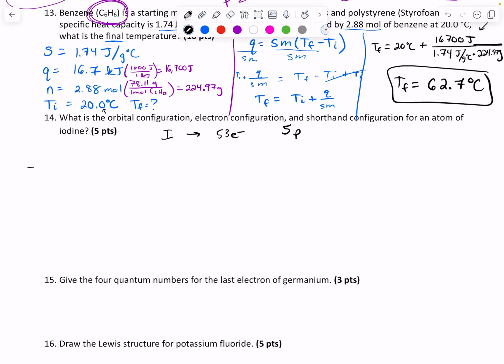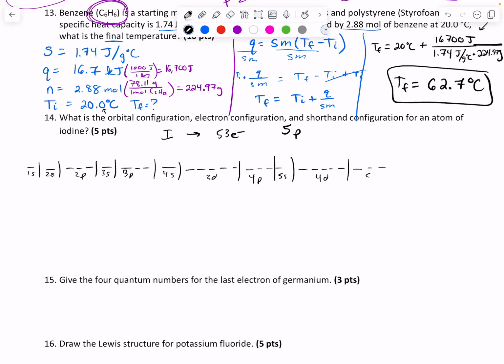So I'm going to go 1S, 2S, 2P, then 3S, then 3P, excuse me, and then 4S, and then 3D, and then 4P, and then 5S, and then 4D, and then 5P. And you fill in all my electrons and just count.